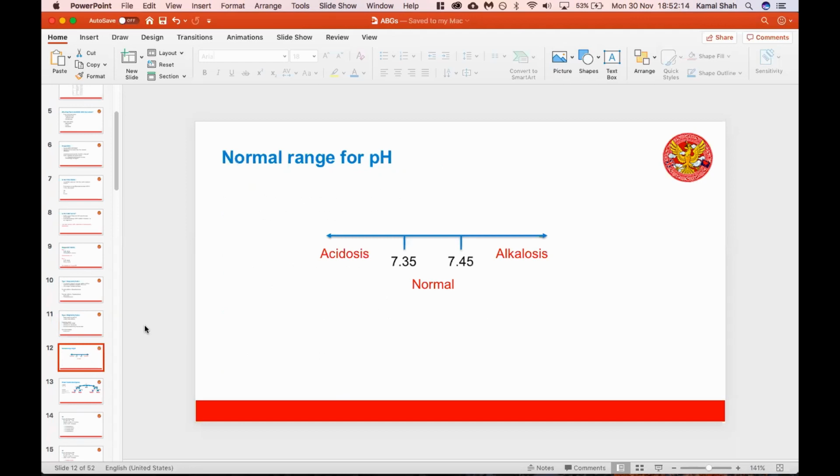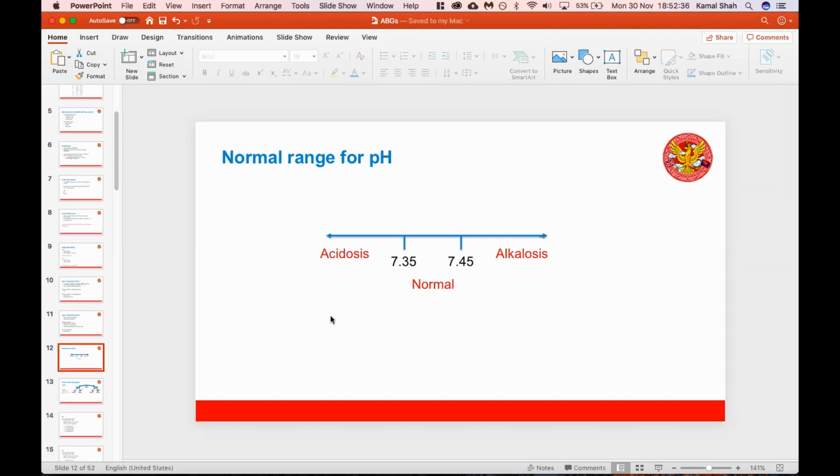Okay, so now moving on to probably the most important part of this talk, which is thinking about acid-base balance. So we should know that the normal range of pH is between 7.35 and 7.45. And below this, we've got acidosis, and above this, we've got alkalosis.